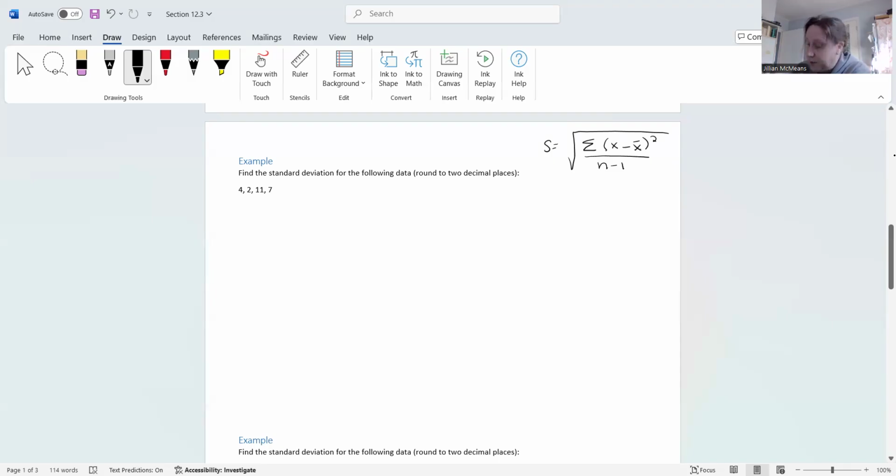So here's what I do. I set up a table. So I have my data item. So I have data items 4, 2, 11, and 7. I have my data item minus the mean.